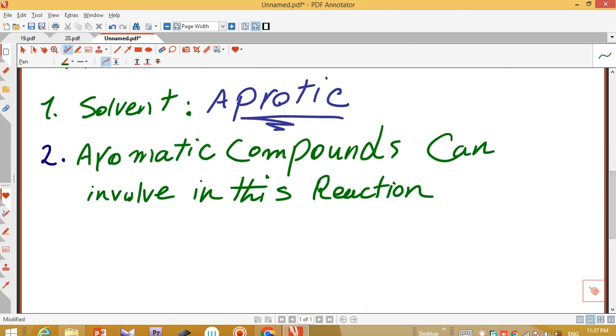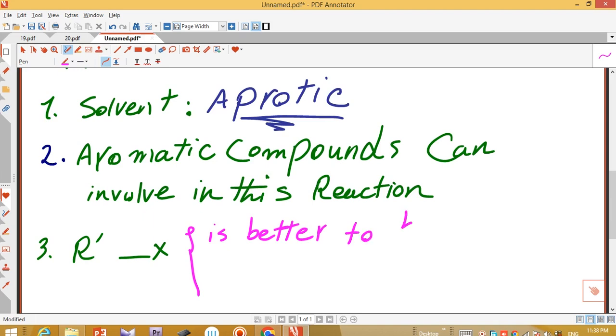Okay, so what is the third condition? Actually, R prime X, which is our substrate at the final stage, is better to be methyl halide, or if it is not methyl halide, the carbon in R prime X is better to be type 1. Carbon type 1 is preferred, because the rate of reaction also depends on the type of R prime, the type of carbon.